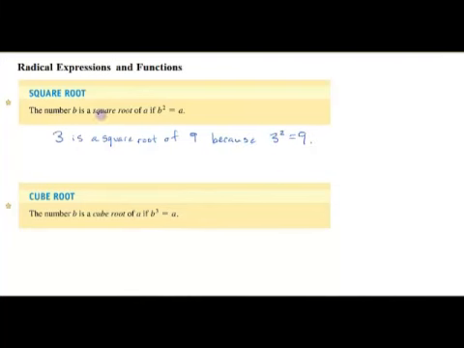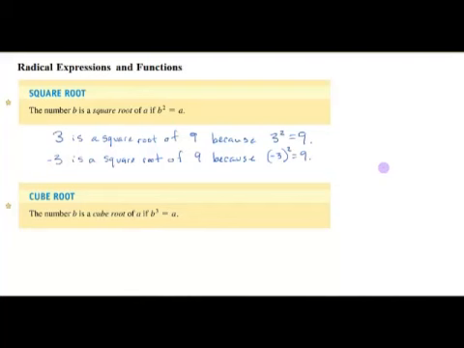So we're just using the definition and putting in our specific numbers. Now, -3 is also a square root of 9 because (-3) squared is 9. So 9 has two square roots, positive and negative.